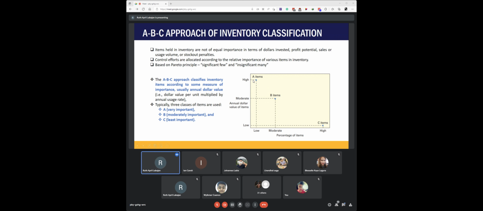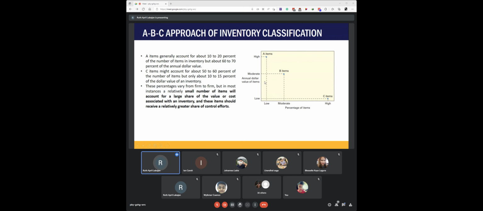Okay? If it's not very expensive, it's just a moderate item, moderate in amount, so you call it a B item or moderately important. Then if it's cheap, guys, okay, meaning it's least important and we call it C items. Okay?